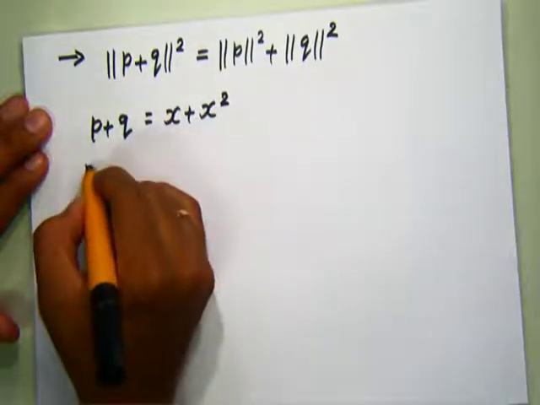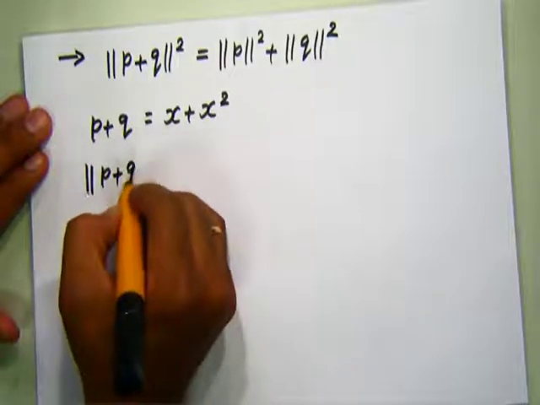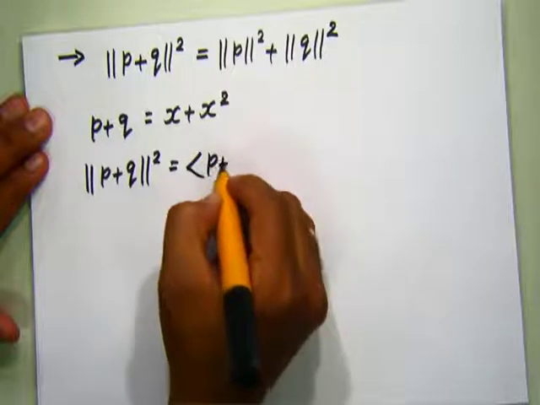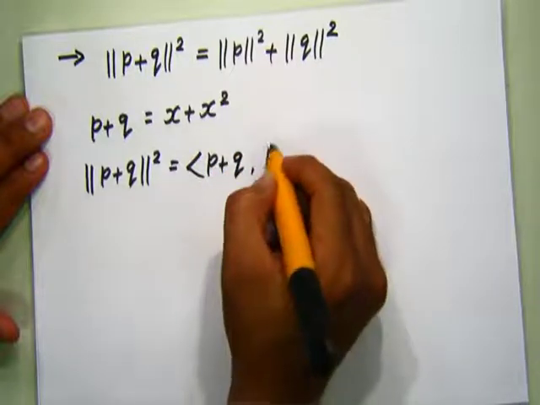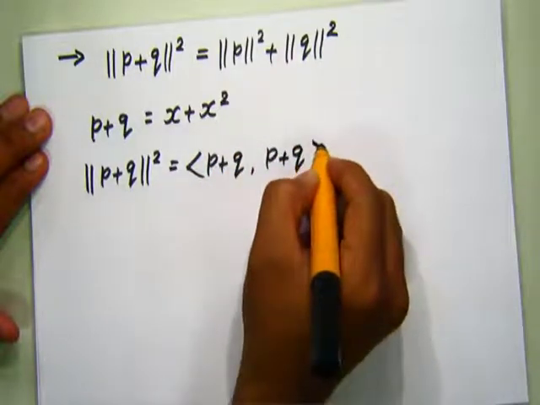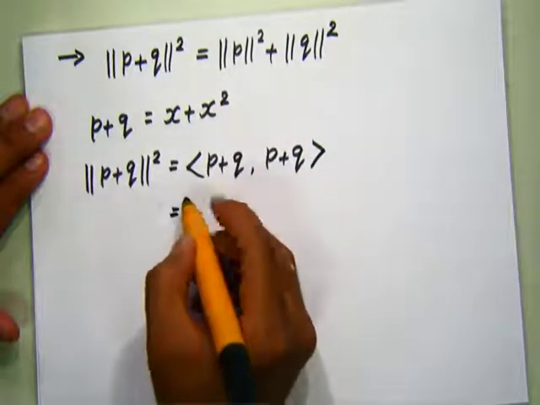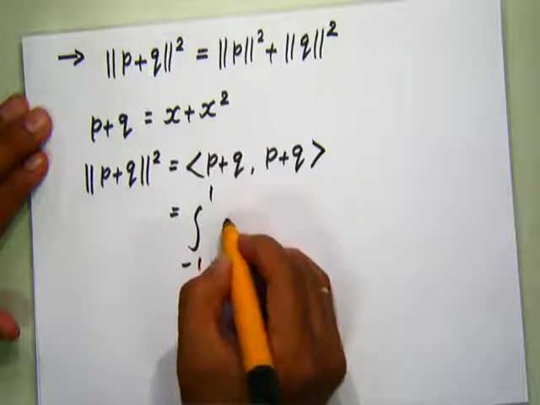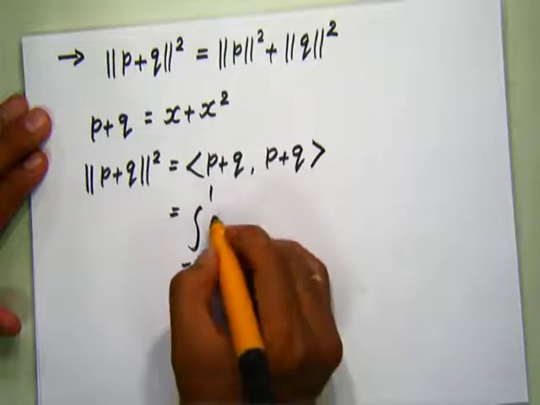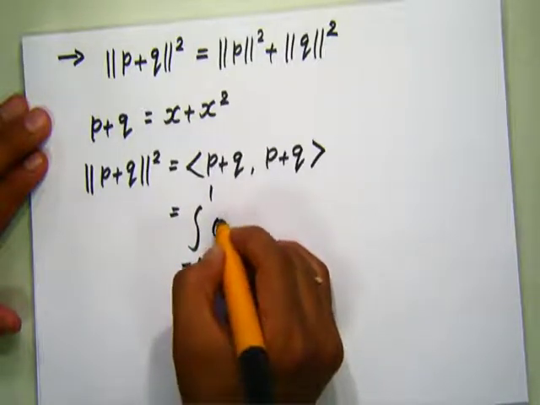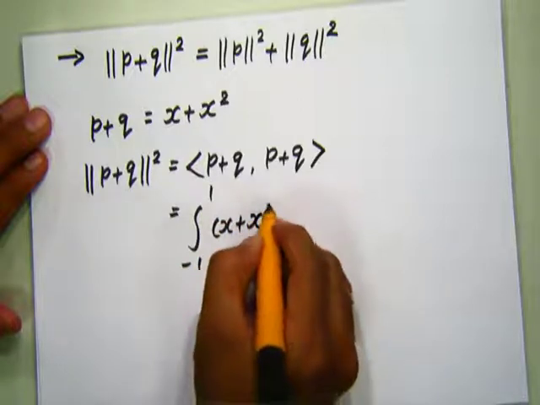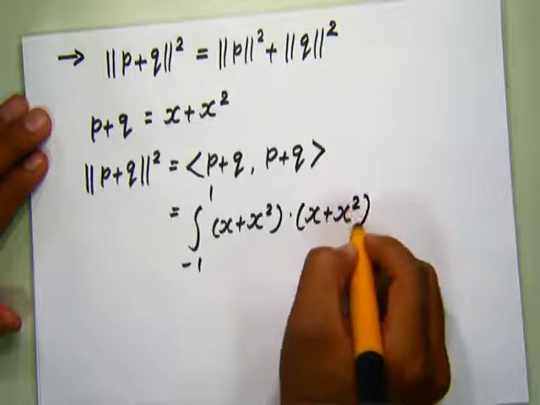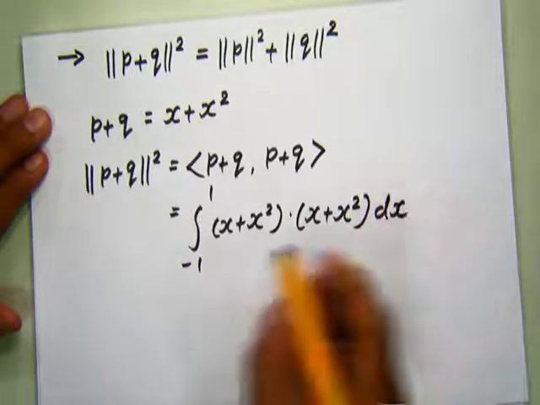Now norm of P plus Q all square is nothing but the inner product of P plus Q with P plus Q. So it is the integral from minus 1 to 1 of (p plus q)x into (p plus q)x. So it is x plus x square into x plus x square dx.